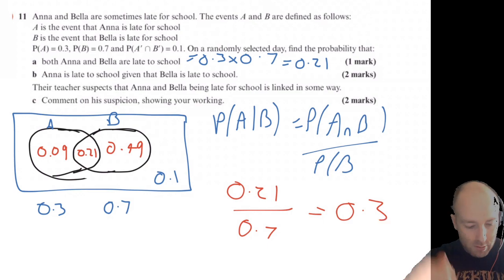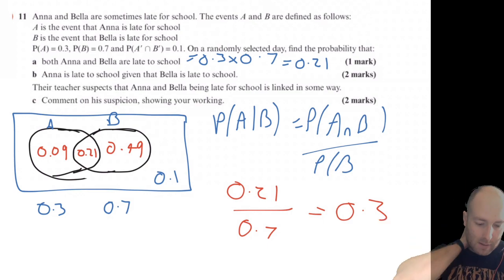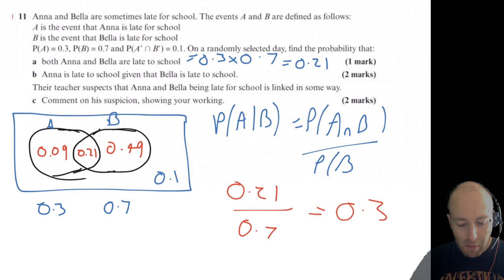Right, where this gets interesting is part C. So the teachers suspect that it is linked in some way. I mean, we've kind of assumed all the way through that it is linked, though. We've said we think it's independent.